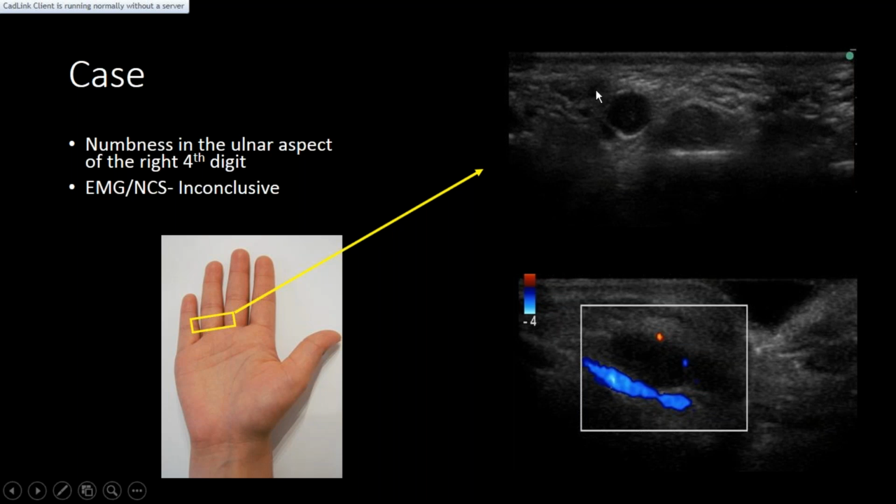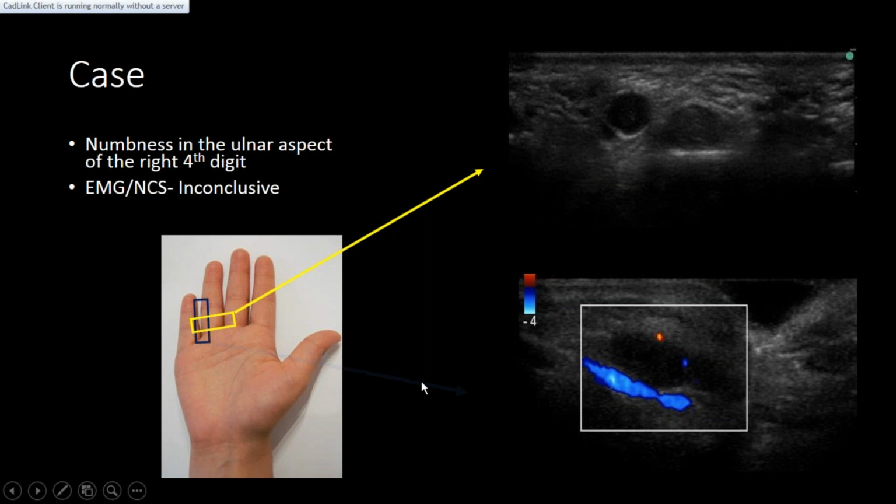The image that you see on the right is of the 4th digit. That's the flexor tendon. Underneath you have the proximal phalanx, that's the bone. Here is the digital artery on the radial aspect. The small one here is the digital nerve. On the left side you have the digital artery, and that is the digital nerve.